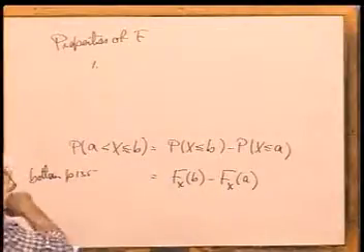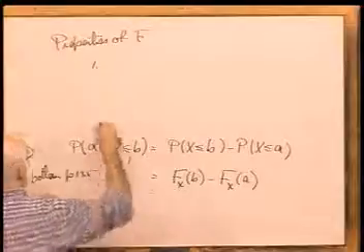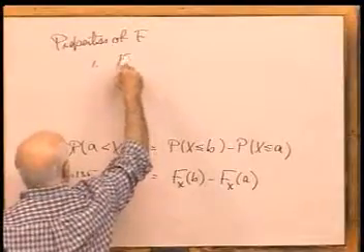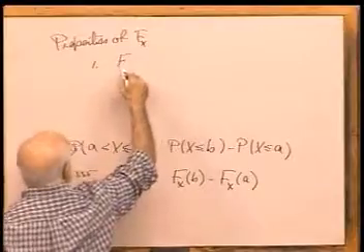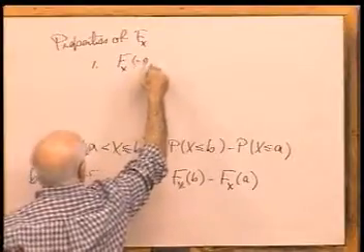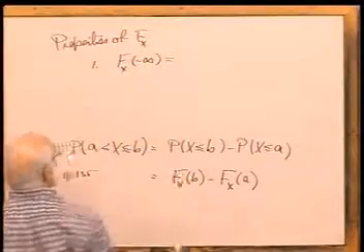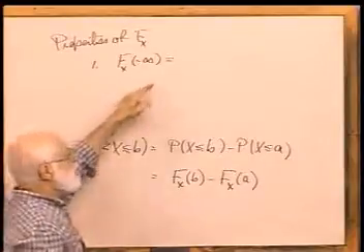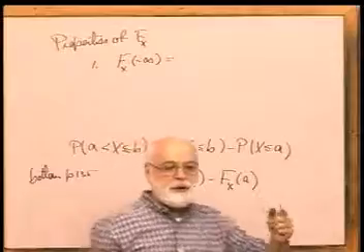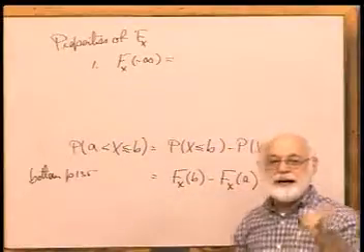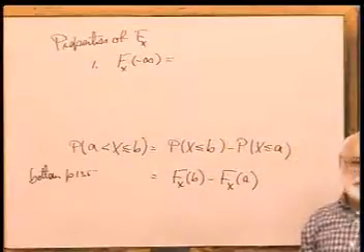So first of all, what must we have? The distribution function, I'll put the subscript there, at minus infinity must be what? Let's see, before I do that, remember that we had the properties of the probability mass function. What were the properties? The probabilities had to be non-negative, that had to add up to 1.